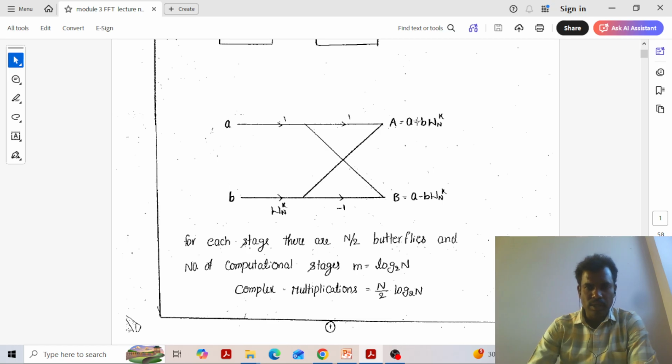As I told before, the first half of the output values is calculated by adding the first input and the product of the second input and the twiddle factor. Similarly, the second half is calculated by subtracting the product of the second input and twiddle factor from the first input. We multiply the twiddle factor only once because we are calculating 2 points.